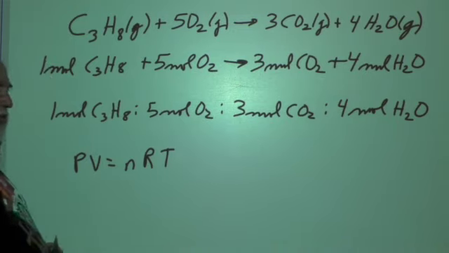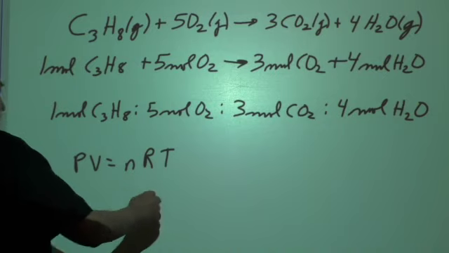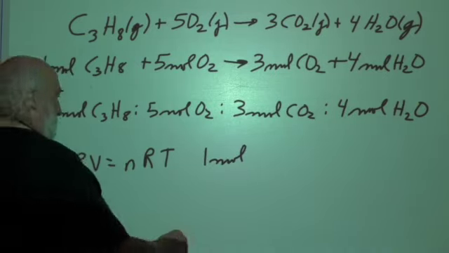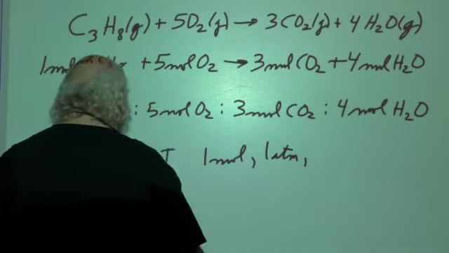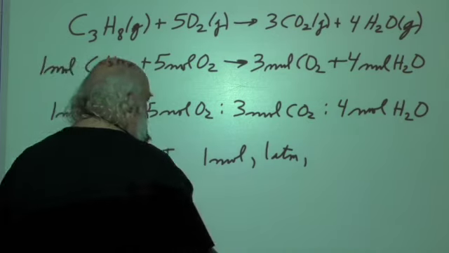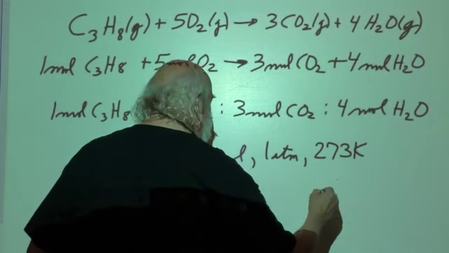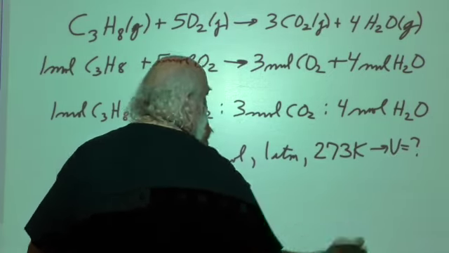And let's suppose that I have 1 mole of gas at 1 atmosphere, and the temperature is standard, so it's 0 degrees Celsius, which is 273 K. And I want to know what is the volume of that.